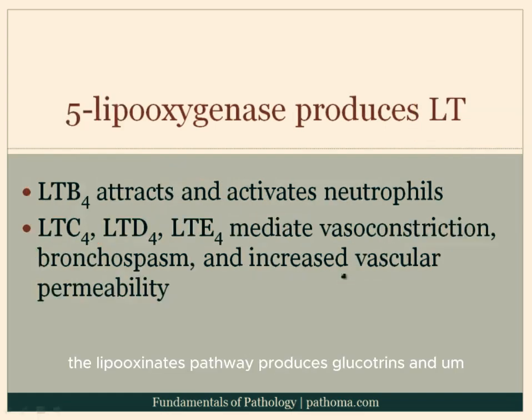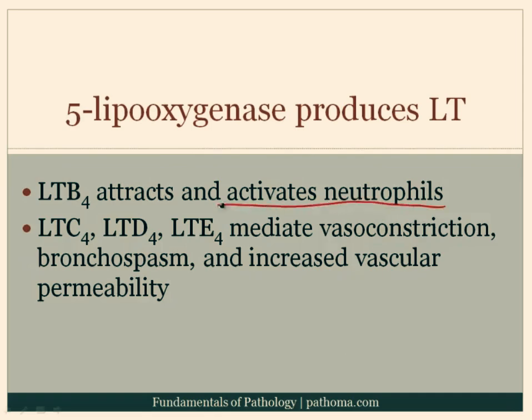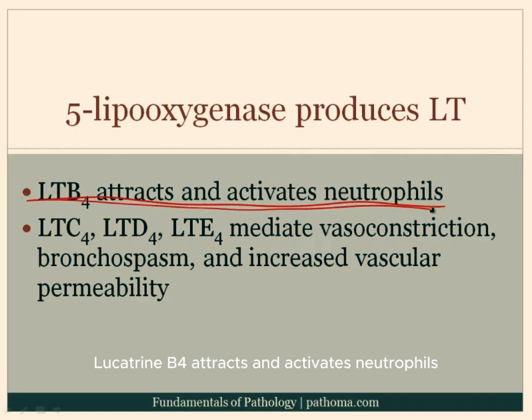The lipooxygenase pathway produces leukotrienes, in particular leukotriene B4, and then C4, D4, and E4. So leukotriene B4, the key feature of that is that it attracts and activates neutrophils. Very important. Leukotriene B4 attracts and activates neutrophils.